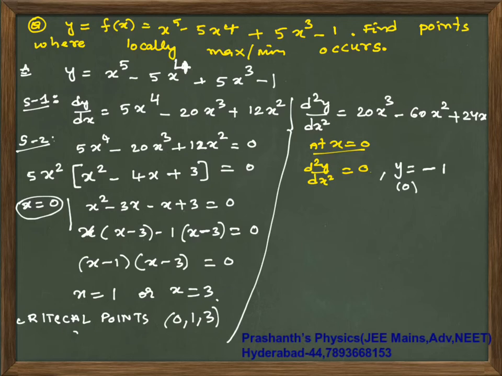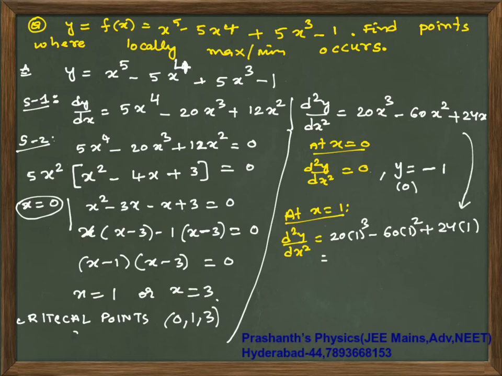Next, at x equal to 1, d square y by dx square is, if you substitute 1, 20 times 1 cube minus 60 times 1 square plus 24 times 1. So 20 minus 60 plus 24, that is 44 minus 60, which is minus 16.